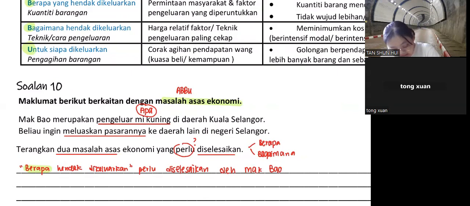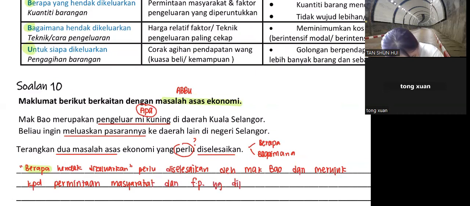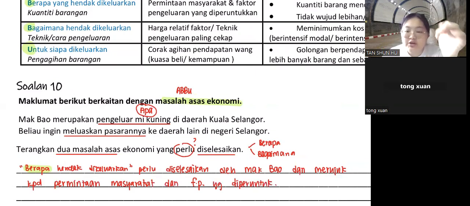How? You can say, dengan merujuk kepada permintaan masyarakat dan faktor pengeluaran yang diperuntukkan. That is 2 marks: you tell me first they want to solve berapa, how they solve it, referring to permintaan and faktor pengeluaran diperuntukkan.